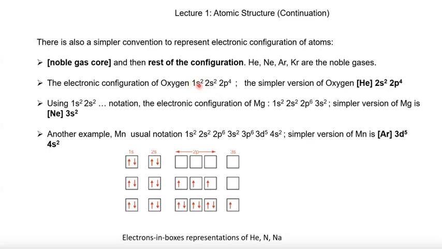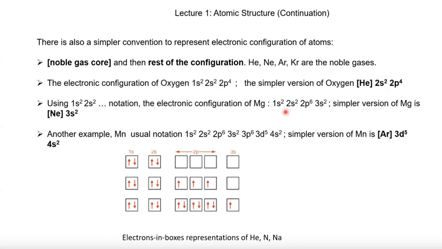Therefore, for the simpler version, we just write the noble gas core, helium, and then the rest of the electrons, 2s2, 2p4. This is a simpler version of writing electronic configuration.